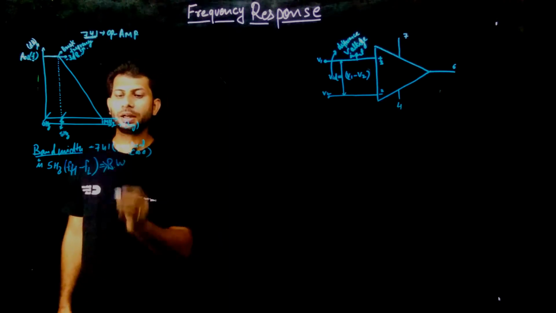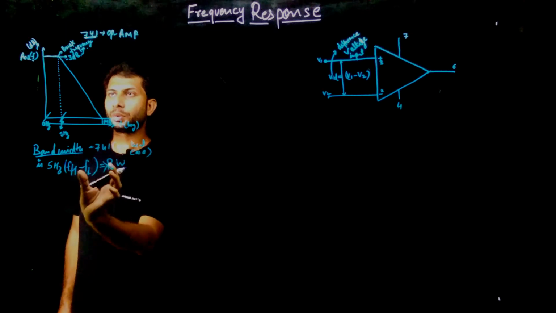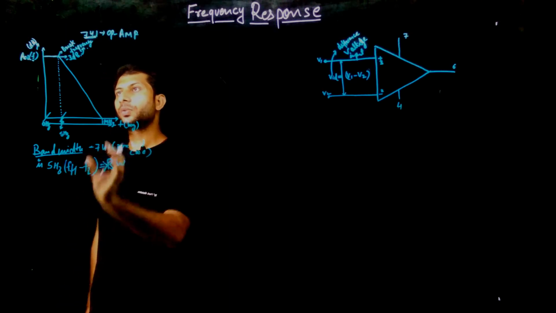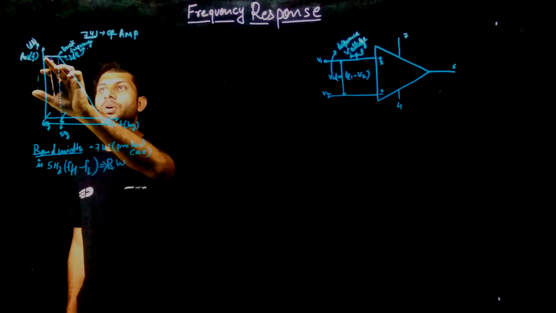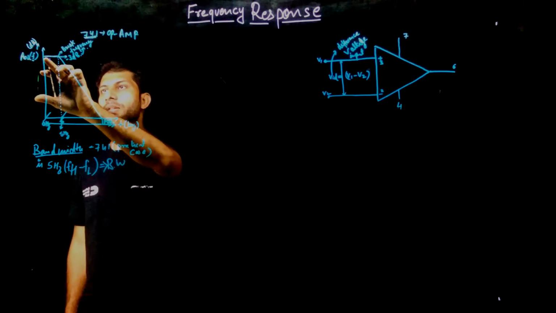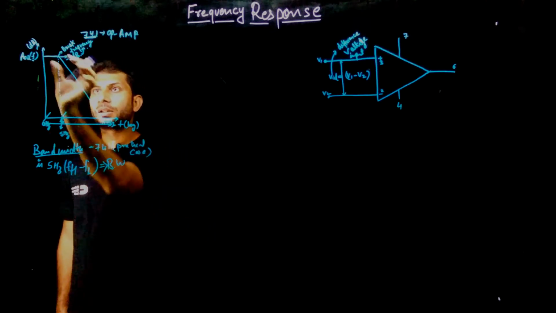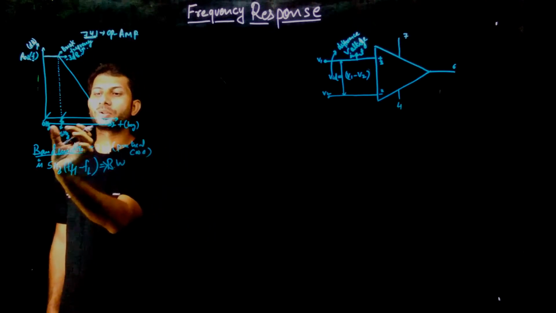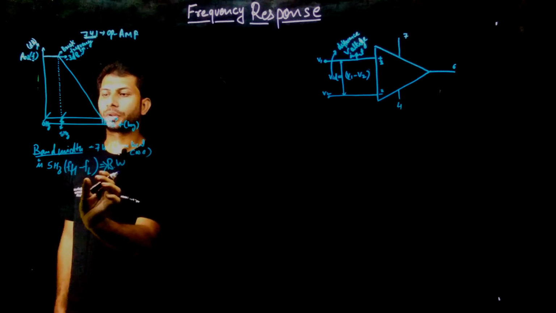We can say that the range of frequency up to which the strength or the magnitude of the output of your system will remain constant is known as bandwidth, if we subtract the lower frequency from the higher frequency.